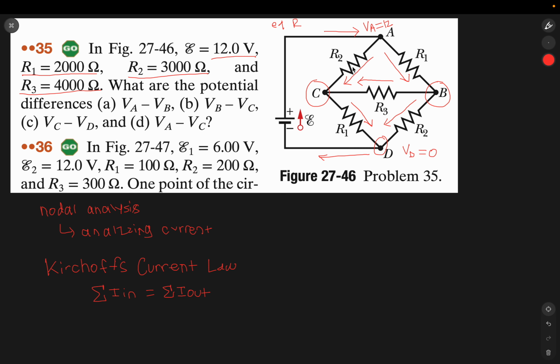Current is found using the equation V equals IR. So what's our voltage through this resistor? Voltage always goes from higher potential to lower potential. So the current through resistor 2 is going to be VA minus VC, divided by our resistance based on Ohm's law.